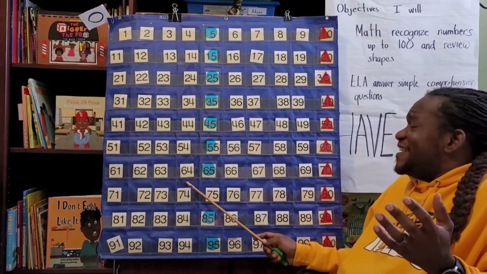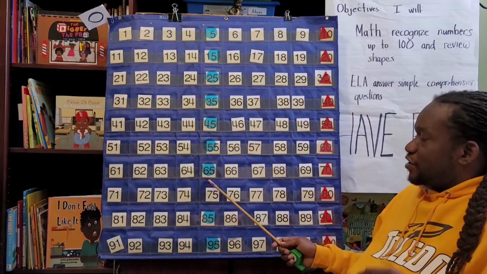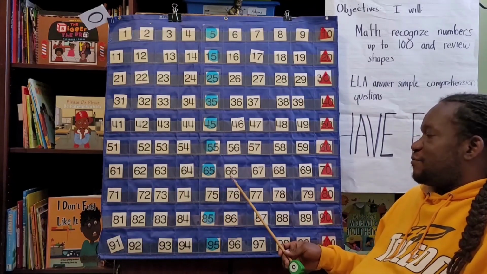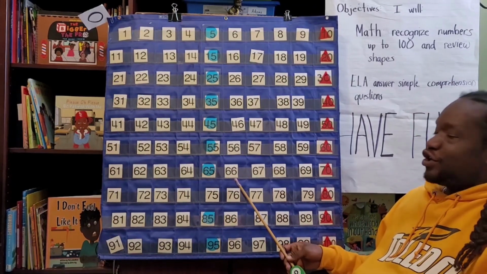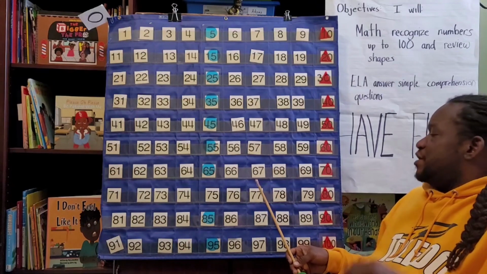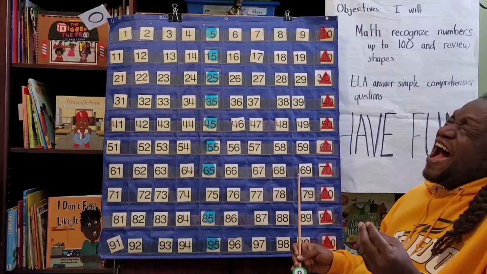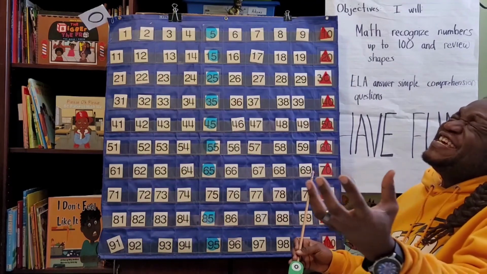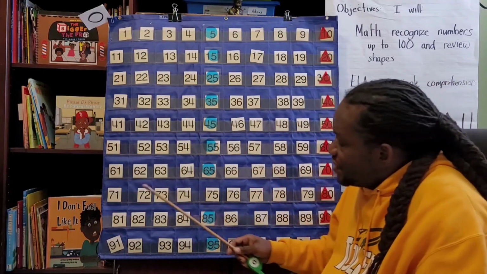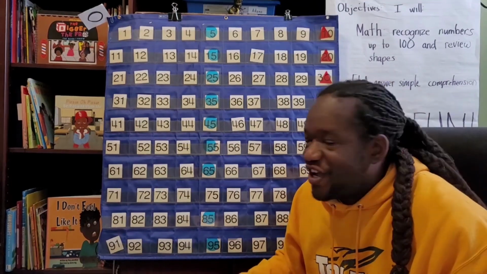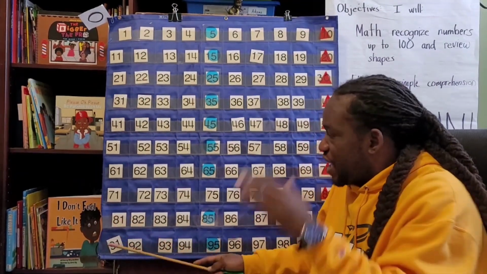My sopranos, 64. My alto, 65. My bass, 66. 67, 68, 69, 70. All right, let's do it in a robot voice.